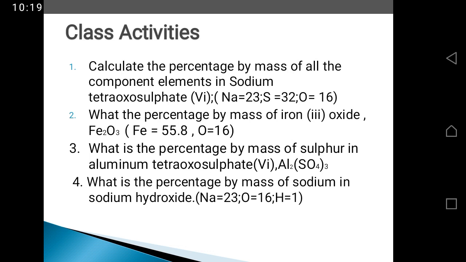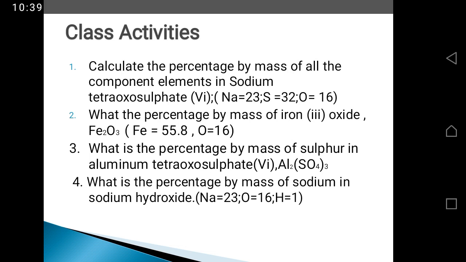Na is 23, S is 32, O is 16. The second one is, what is the percentage by mass of each element in iron 3 oxide, Fe2O3? So you do that.